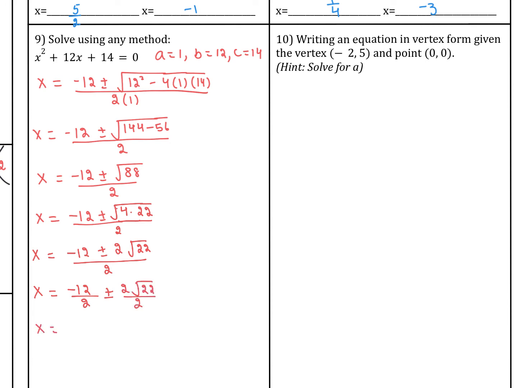So that's going to be negative 6 plus or minus, and the 2 and 2 cancel, the square root of 22. So you're going to have two answers: x equals negative 6 plus square root 22, and negative 6 minus square root 22. And these are the x-intercepts for this equation.